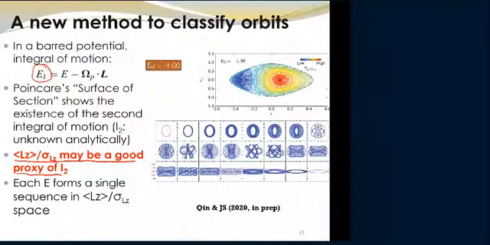Although L_z is not conserved, we may use the average value divided by its dispersion, and this could serve as a very good proxy of the second integral of motion. So we know the second integral of motion exists, but we don't have its analytical expression. So we think that this proxy may be very useful, and I'm going to skip this part. If you have more questions, feel free to ask.